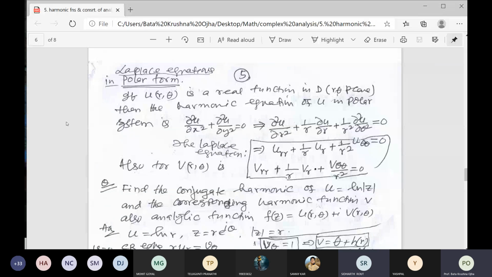So there is no 116. Perhaps I have not taken the printout of that.